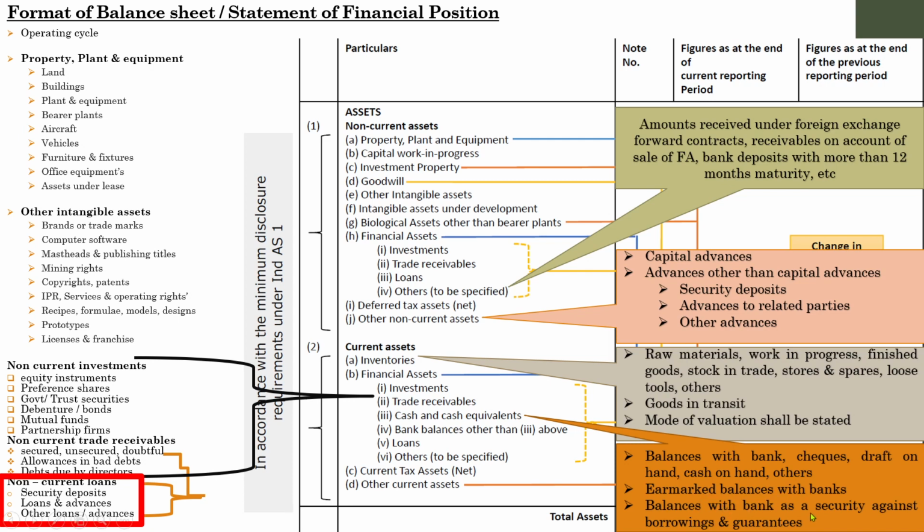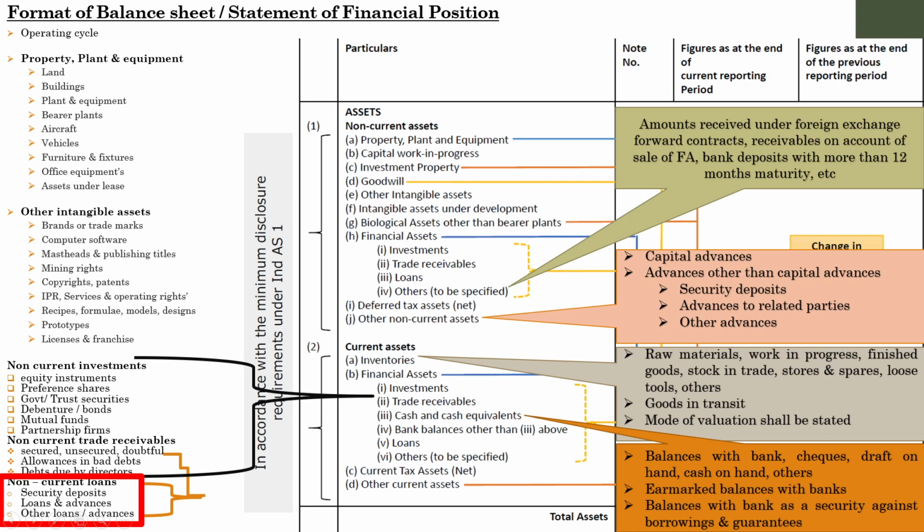Balance with bank as collateral security. Sometimes the balance is with the bank to the extent held as margin money or a security against the borrowing. The borrowings or guarantees, other commitments shall be disclosed separately. So all these items come under the category cash and cash equivalents.